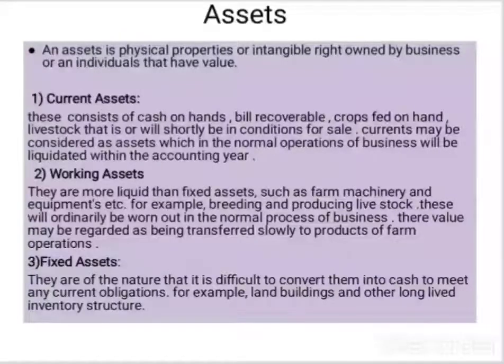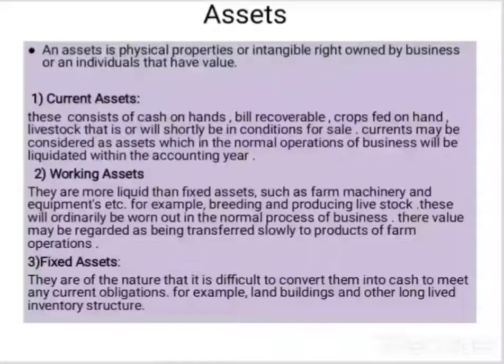Working assets are more liquid than fixed assets, such as farm machinery, equipment, etc. For example, breeding and producing livestock is again a working asset. Their value may be regarded as being transferred slowly to the products of farm operations.